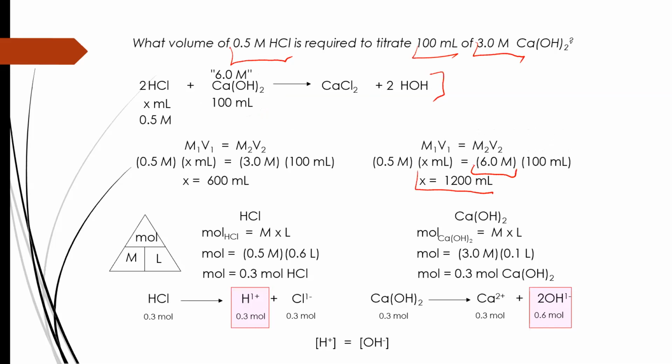So instead, what I would do is I would take my calcium hydroxide, and so we know its molarity. So we know that it's 3.0 molarity. We know that its volume is going to be our 100 mils. And so I'm going to take my solution and turn it into moles of calcium hydroxide.